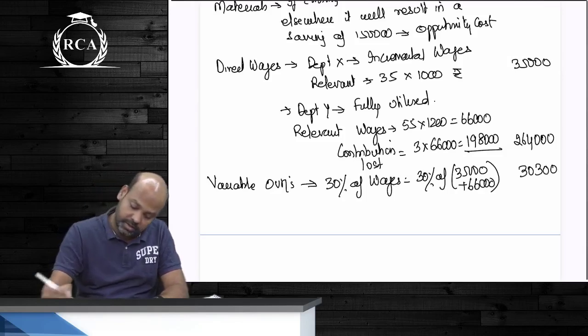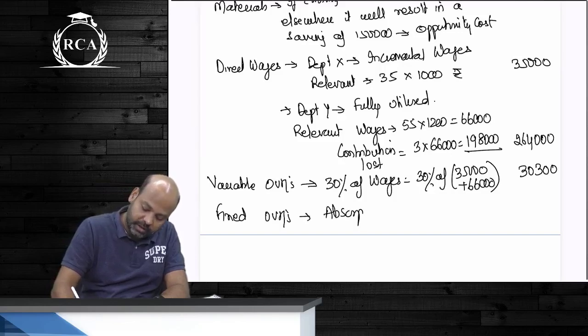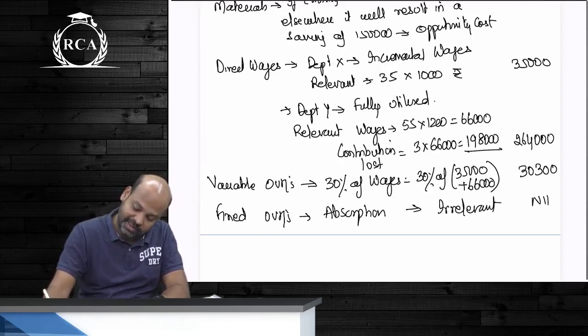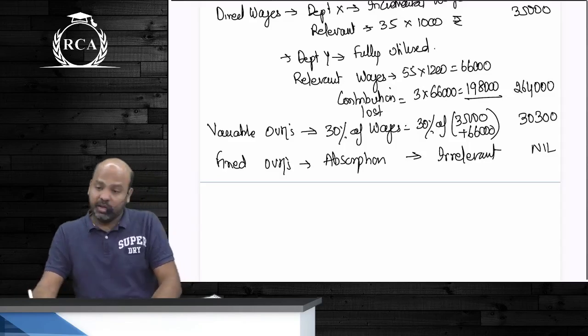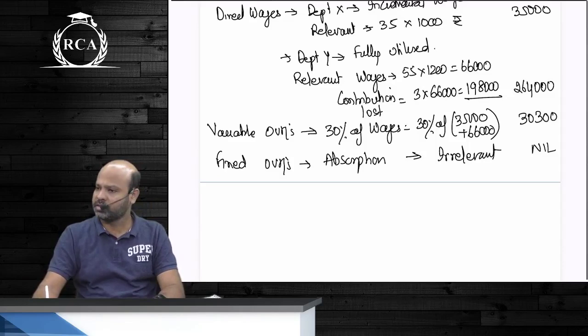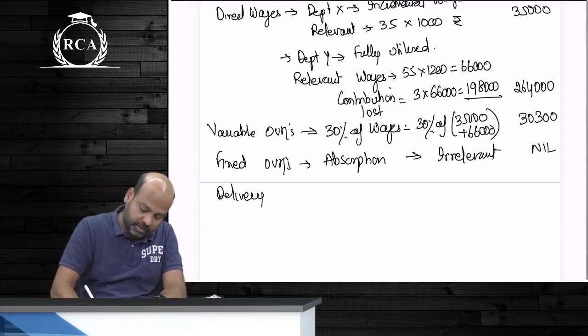30,300. Fixed overheads apportionment, absorption, will that be relevant? Irrelevant. Fixed overheads absorption, irrelevant. Next, delivery cost, will that be relevant?